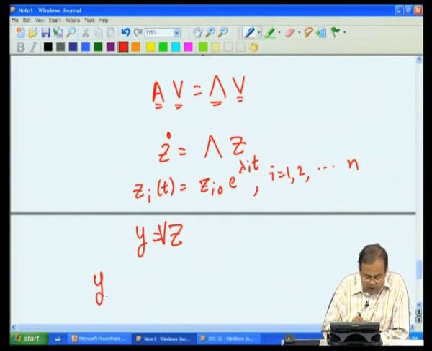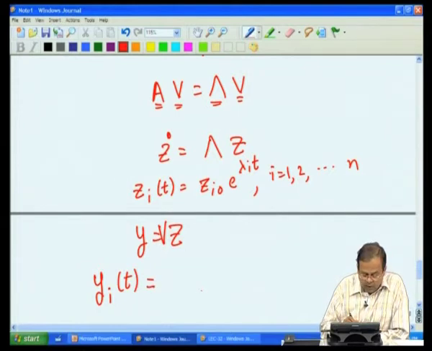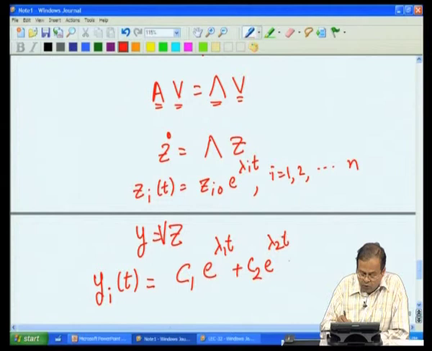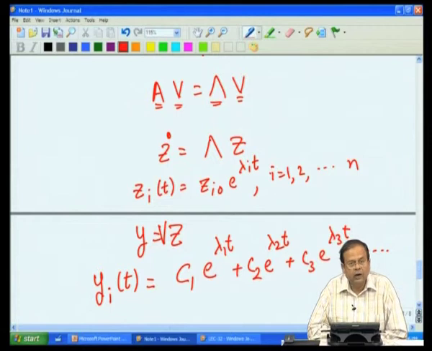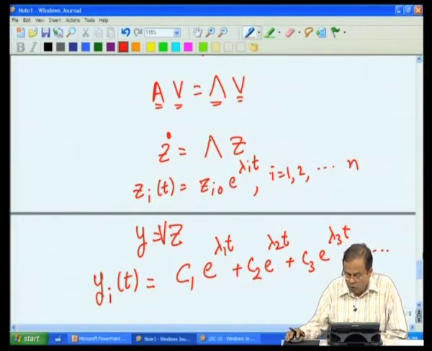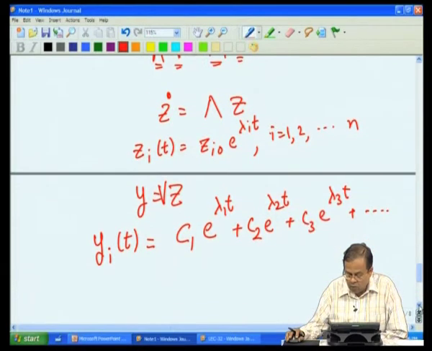It implies that the solution y of t is given by some constant C 1 e raised to lambda 1 t plus C 2 e raised to lambda 2 t plus C 3 e raised to lambda 3 t, and so on. Those constants will come from the combinations of the eigenvectors and Z i 0 values and so on.